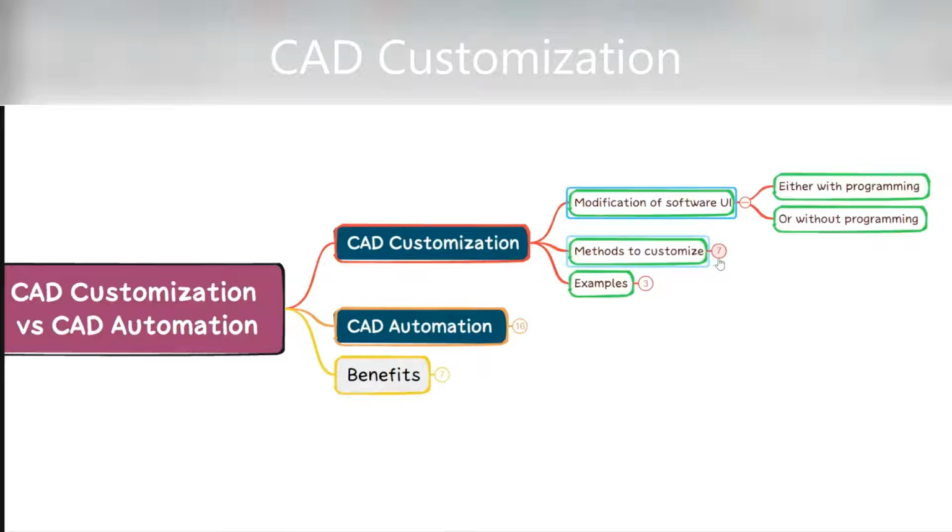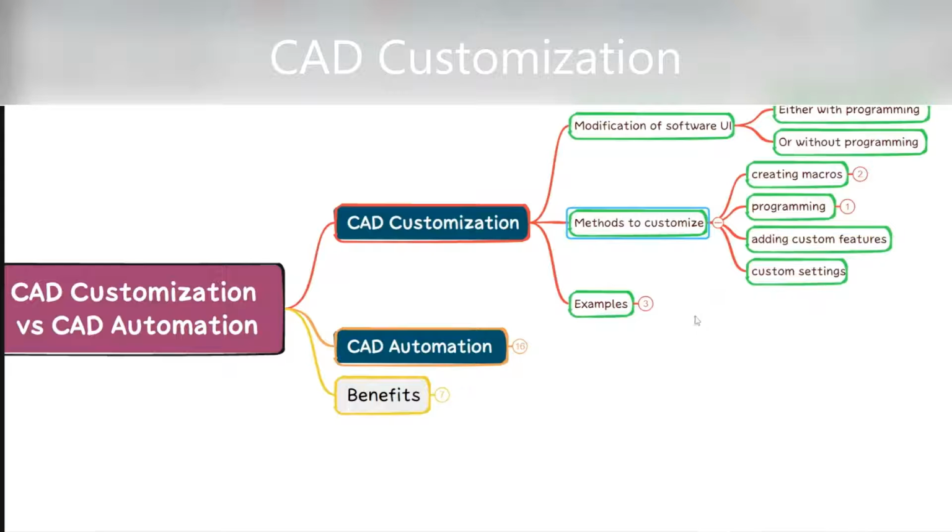Then what are the methods to customize it? The first method is creating a macro. This is a custom-made macro, and that may be created either using a programming script or not using a programming script. So both ways it's possible.